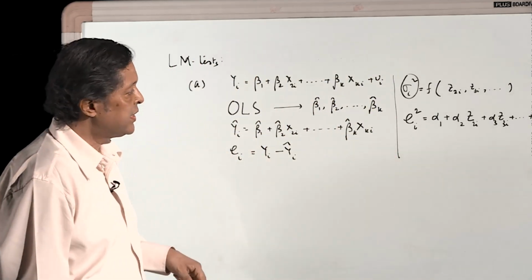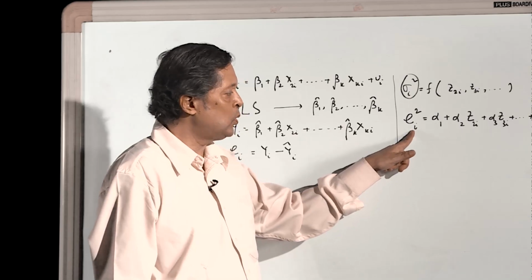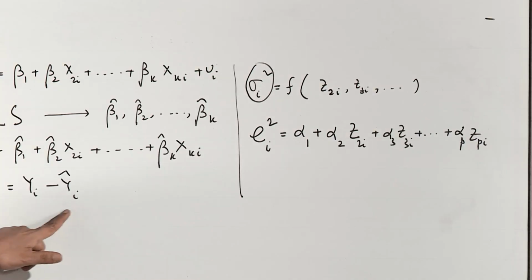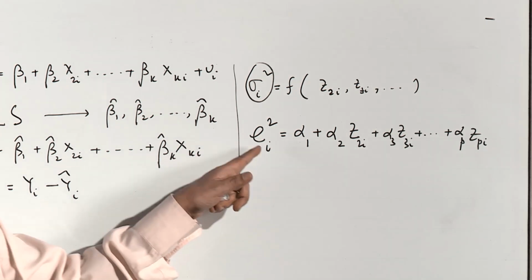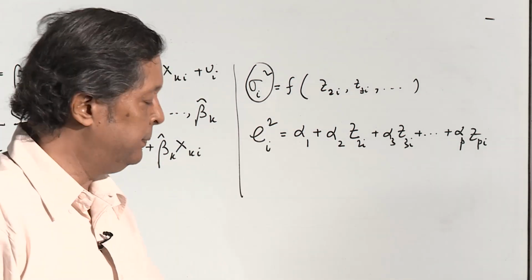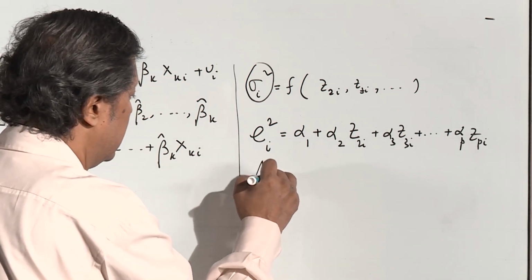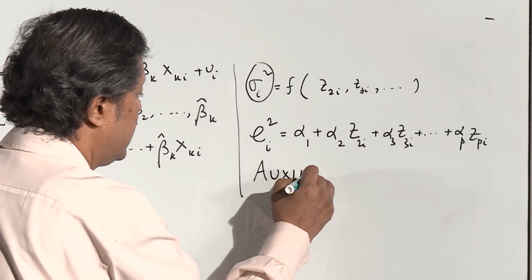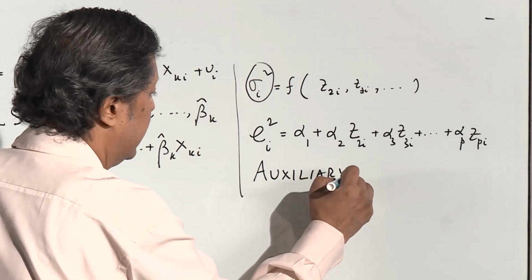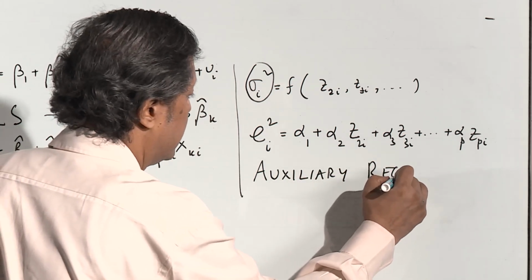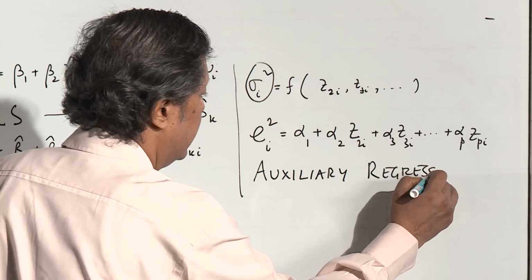So, we regress ei square, obtained from the ordinary least squares estimate of the mother model, on the Z variables. And this regression is known as the auxiliary regression.